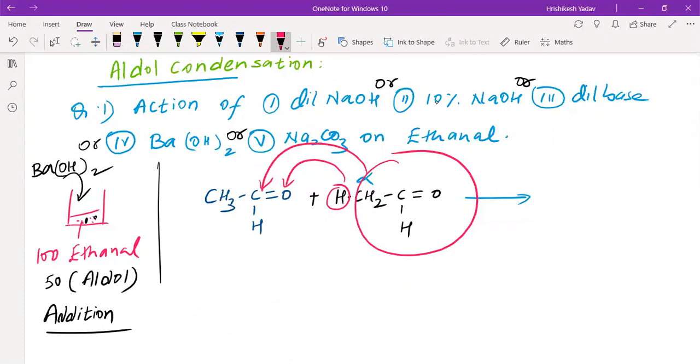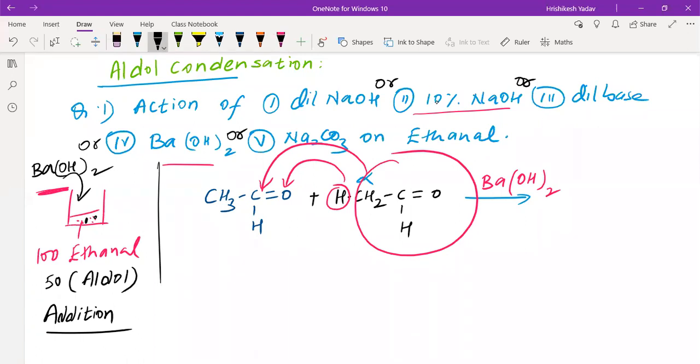We get this product, but we should write actually in presence of dilute NaOH, whichever is given. If 10% NaOH is given or barium hydroxide is given. Suppose here I have mentioned barium hydroxide, so I'll write here barium hydroxide. Now we'll see what happens after this addition here.